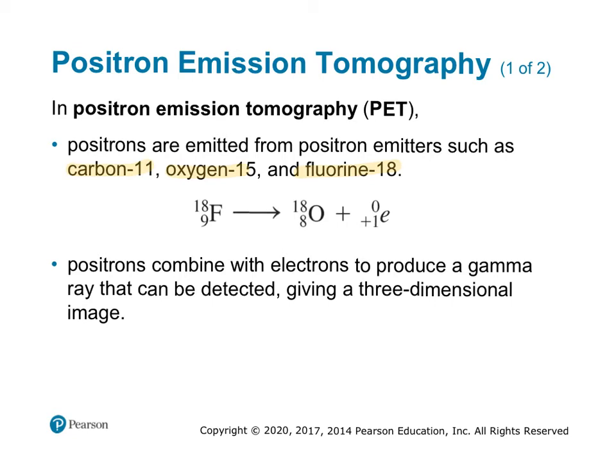Those positron emitters give off, of course, positrons, and in the body, positrons steal electrons from the surrounding tissue, and that produces a gamma ray. That gamma ray can be detected, giving a three-dimensional image of the body or the brain.